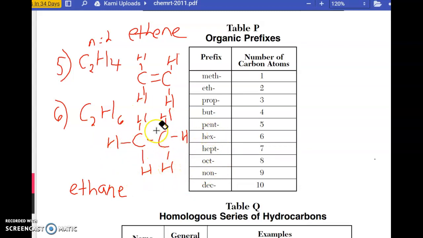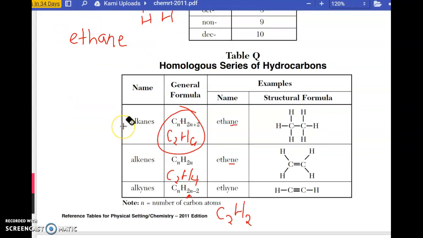You cannot add any more hydrogens to this molecule because all the carbons have 4 bonds, so this is as much hydrogen as you can get. We know that alkanes are always saturated, and alkenes and alkynes are always unsaturated.